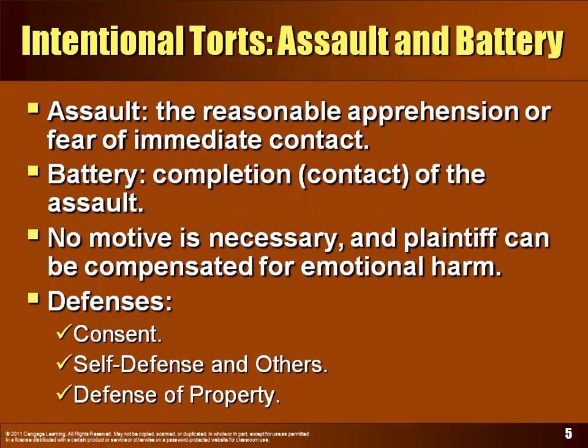Well, what wouldn't be immediate? Like say I threaten you. If you don't read your chapter next time, because I'm sick of you coming in class and telling me you don't read your book. If you don't come in next time having read your chapter, I'm going to punch you. Let's say I'm really convincing in how I say it.